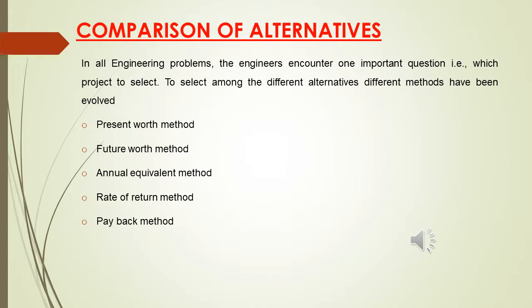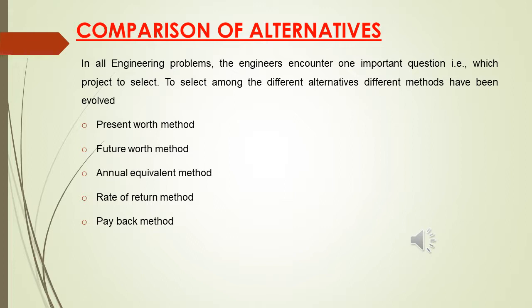So comparison of alternatives. In all engineering problems, engineers encounter one important question as to which project to select. There will be n number of alternatives, n number of ways or procedures to conduct your work.